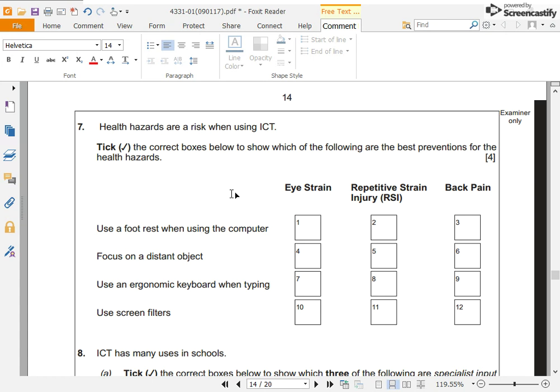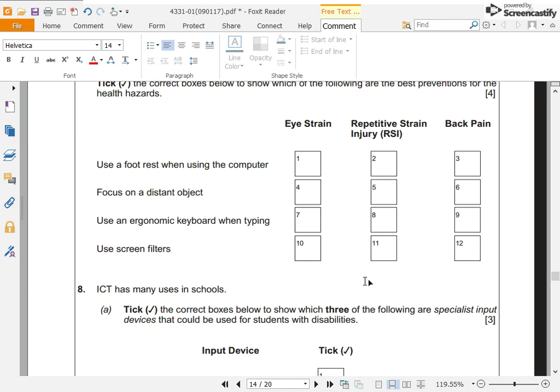Okay? Right, number 7, health hazards. We're really getting there, guys. So health hazards are risks when using ICT. Tick the correct boxes to show which of the following are best preventions for health hazards. So you have a little look at that. Okay, so using a footrest is not eye strain, is it?